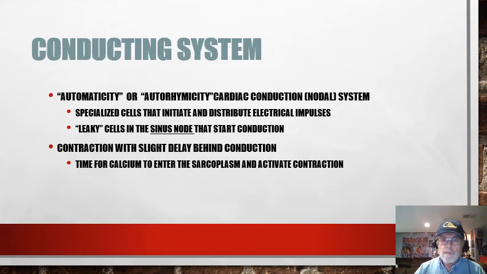Those specialized cells in the SA node are made to be leaky, so they initiate and distribute the electrical impulses without any other influence. They can be influenced by other things such as the vagus nerve, which slows it down, or sympathetic nerves, which may speed it up. But these special, leaky cells in the sinoatrial node allow this to start automatically.